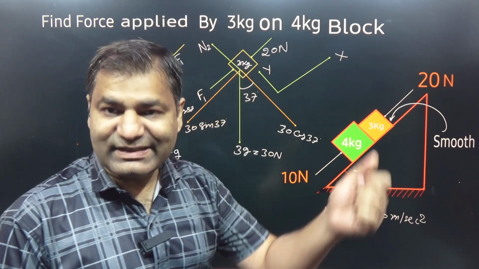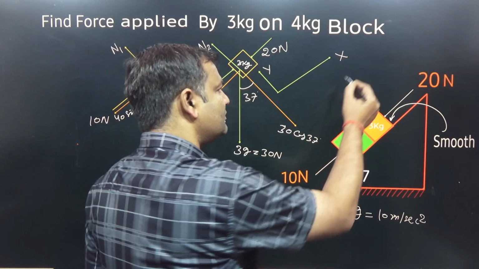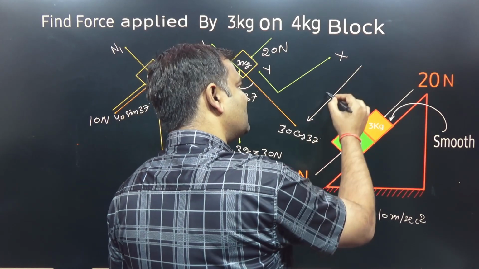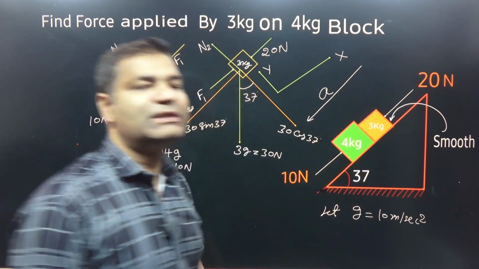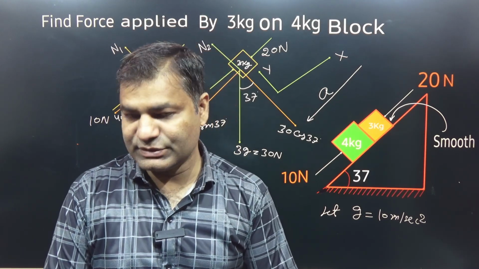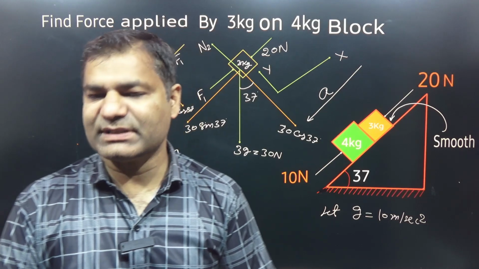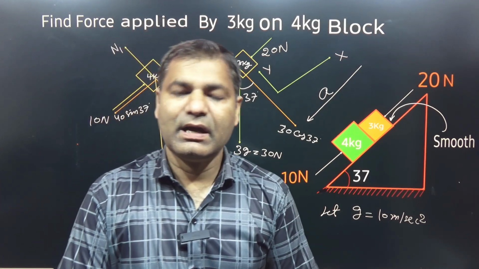It means net acceleration is in that direction. So if we have considered the whole system downward, and after making the equation and solving, we got A equal to a positive value, suppose 2.5 meter per second square, it means the assumption is right.